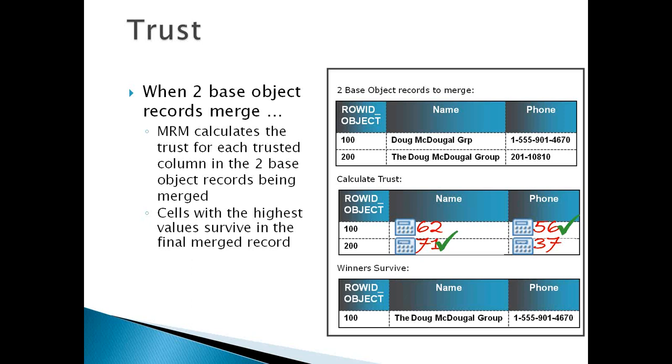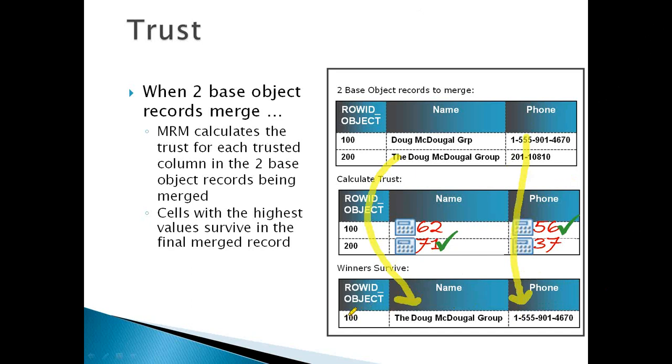So the name has been promoted from 200 into the master record, and the phone number from 100 has been promoted into the master record. That is based on the trust, because once it calculated it, it found these are more trusted, so it promoted them.